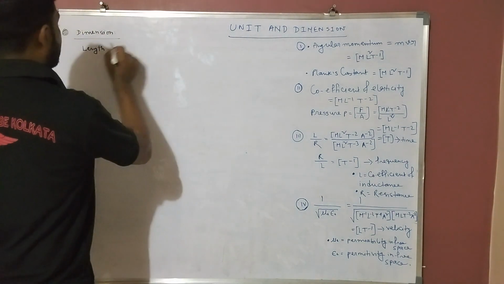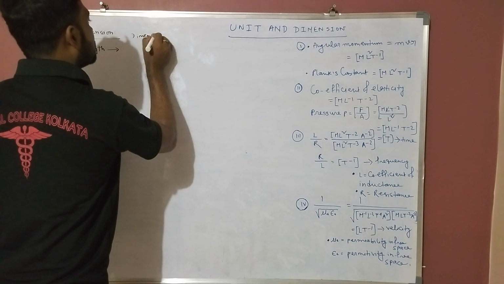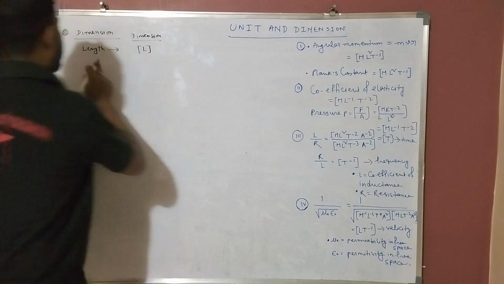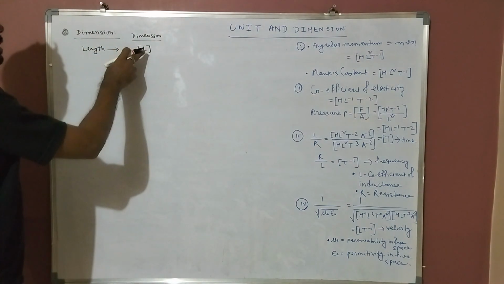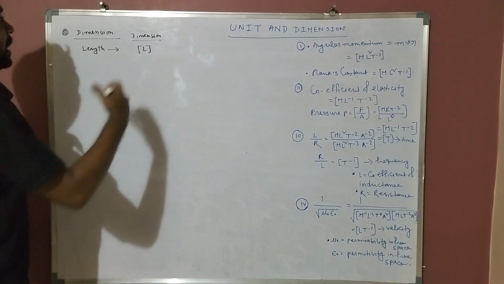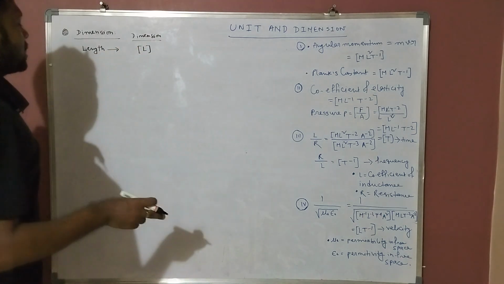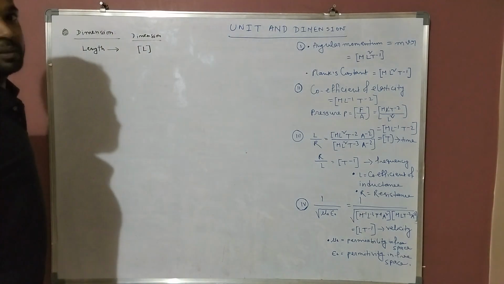Like the dimension of length is L, because length starts with the letter L. So by capital L we express the dimension of length. Understood? And the dimension letter will always be in third bracket.